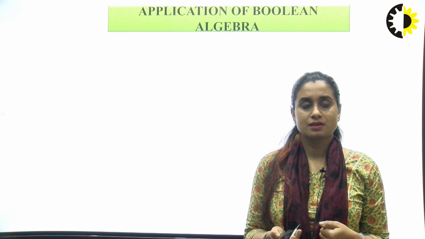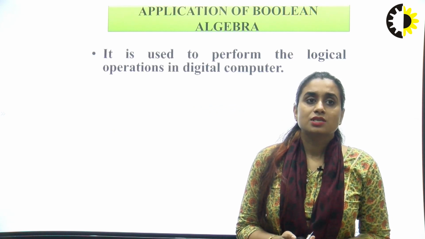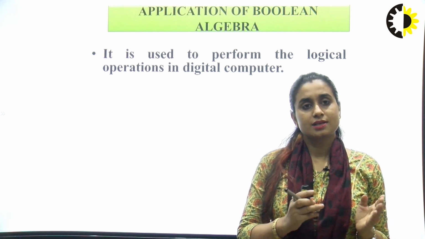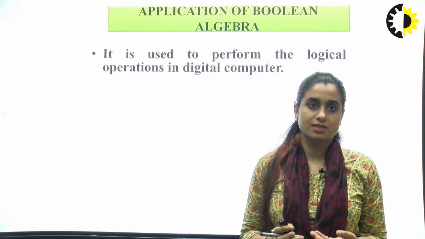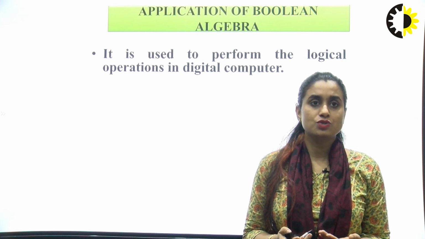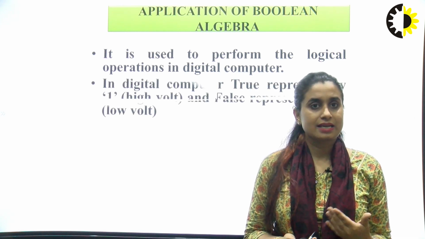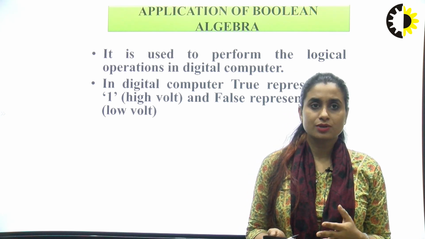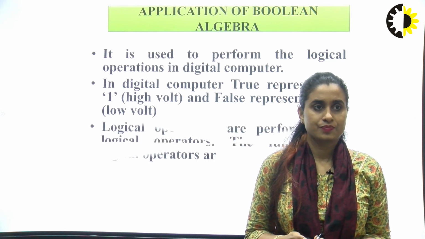Applications of Boolean algebra. It is used to perform the logical operations in digital computers. So we can think of logic gates or Boolean algebra as the basics of any digital device. These are used for logical operations in digital computers, devices like smartphones, tablets, etc. In a digital computer, true represents 1 or high voltage and false represents low voltage.